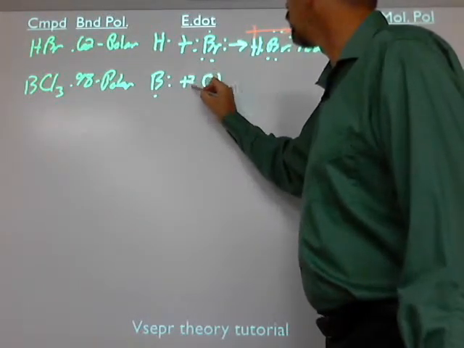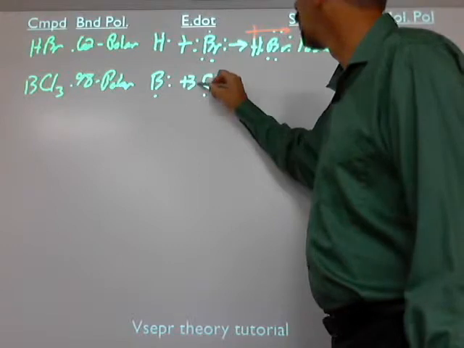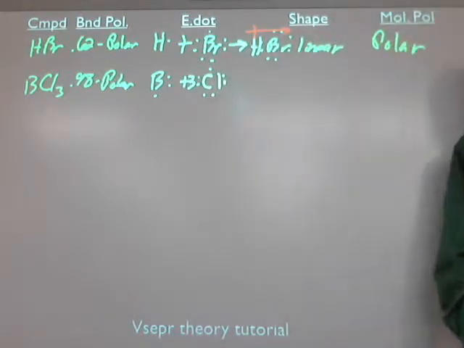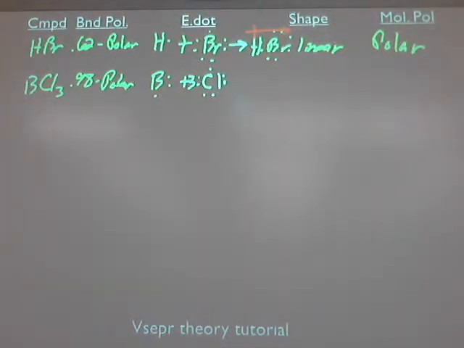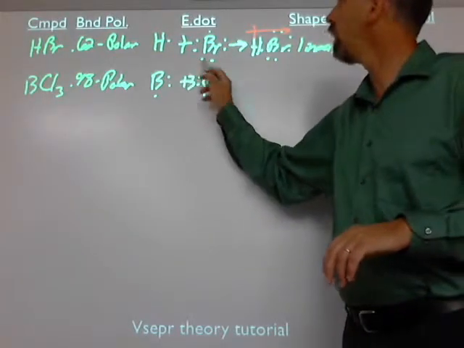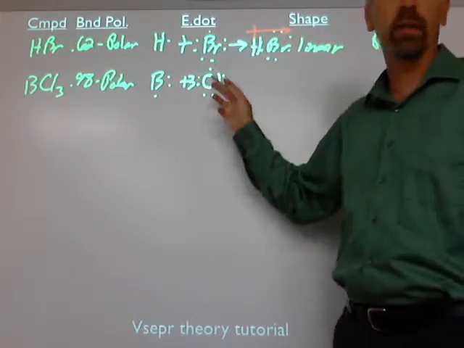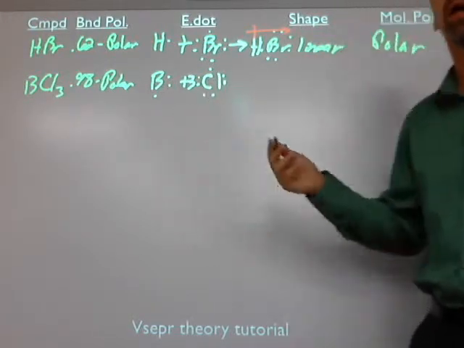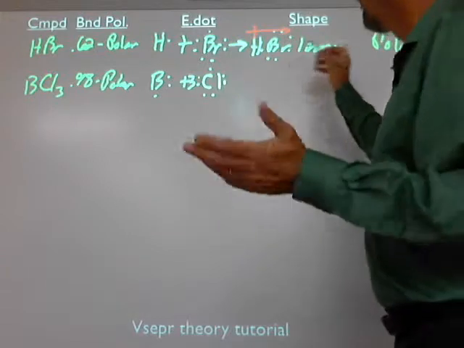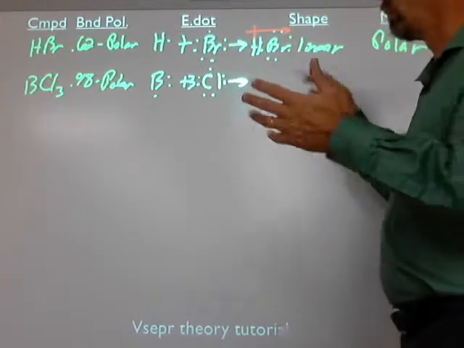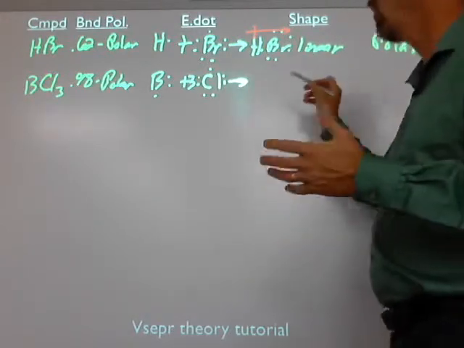And I need 3 chlorines. Okay, it looks like that. So the best he can do is to share one of these electrons with each of those 3 chlorines. Okay, to make chlorine at least happy, right? He's going to get his octet and share them. So I would draw that. I mean, there's a couple of different ways. I put the chlorines different places around it, but obviously, who has to go in the middle?